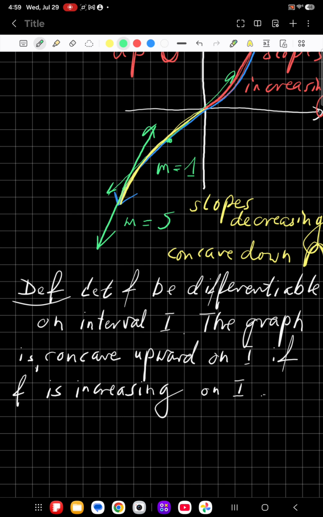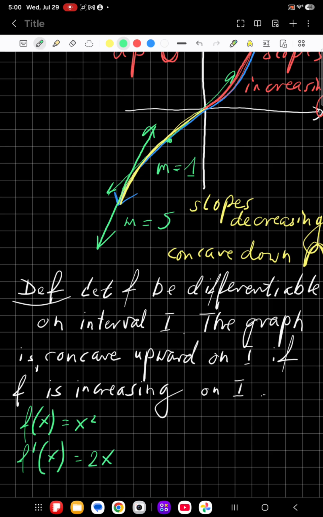So let's look at f of x equals x squared. In the previous section we were looking at f prime, and that was 2x.